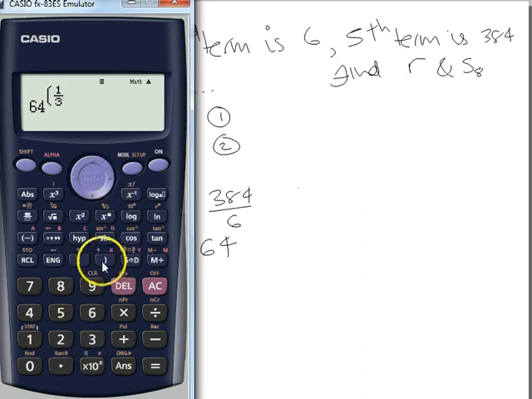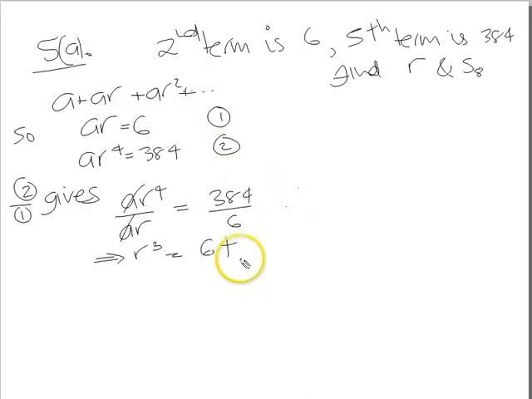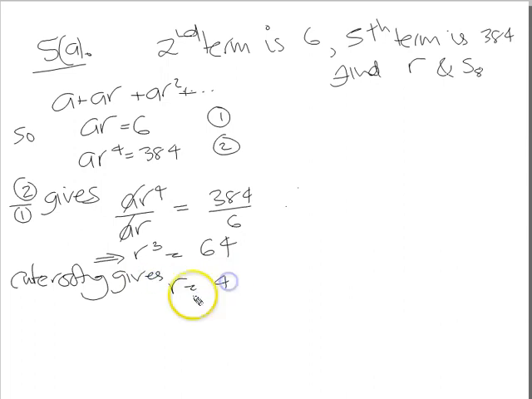Okay, close the bracket, press equals, we get 4 as we would have known anyway. So cube rooting gives r equals 4. There we go, there's our common ratio. That's part 1, wasn't it? Find r. And we also need to find S8.